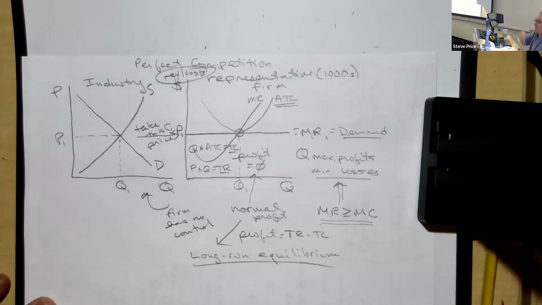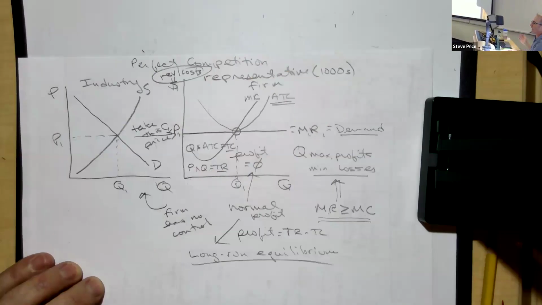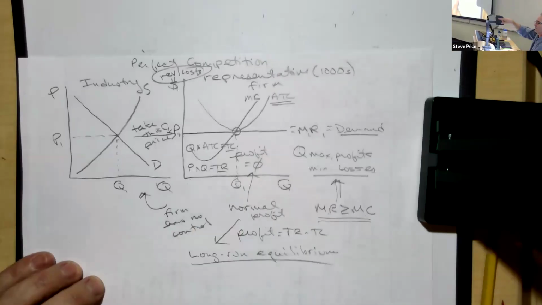Therefore, the price that we have to pay is the most competitive, lowest price. We wish, and we have a fetish for perfect competition. We wish everything was perfectly competitive because everybody wins. The proprietor gets exactly what they think they deserve, and we as consumers get the lowest possible price.